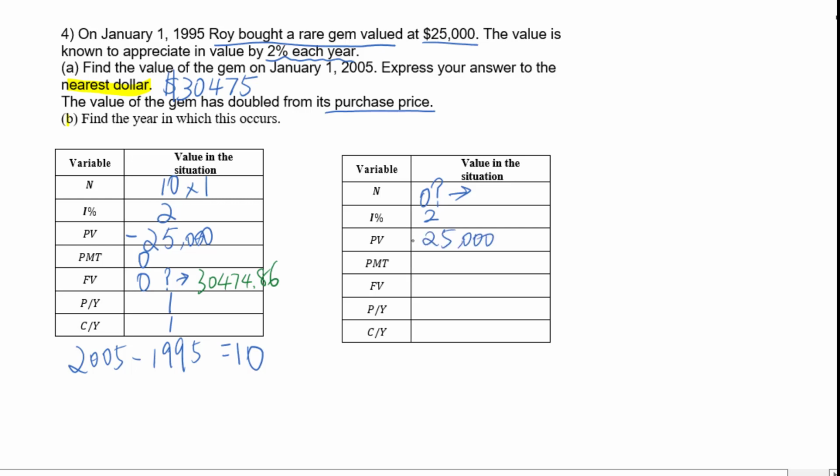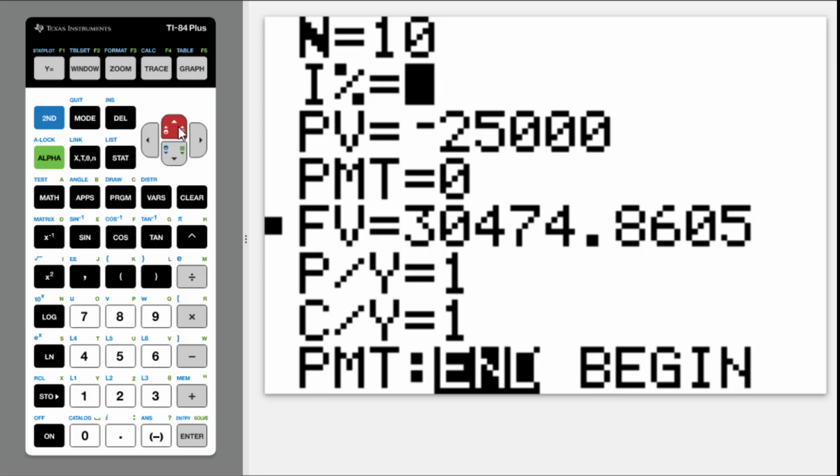Present value is negative 25,000. Regular payment is 0. Future value is 50,000. Payments per year and compounding periods per year are both 1.